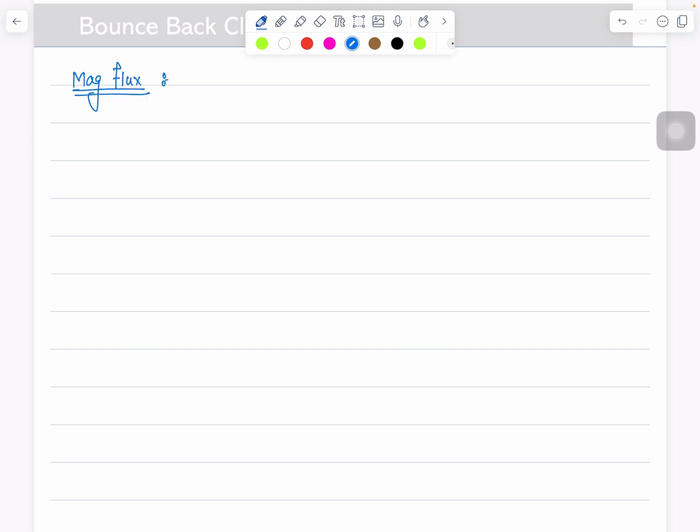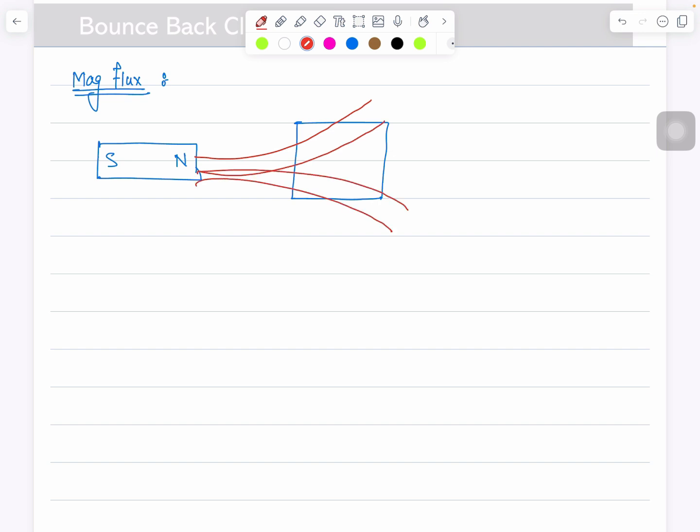Magnetic flux means, let's say there is an area, and let's say this is a magnet. This is south, this is north, and the lines of force are passing. Remove this one, because it is crossing. Now the lines of force are passing.